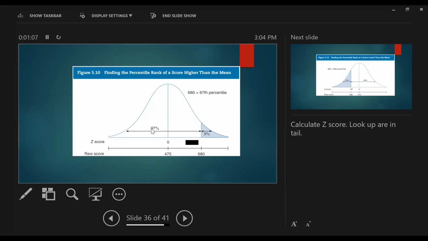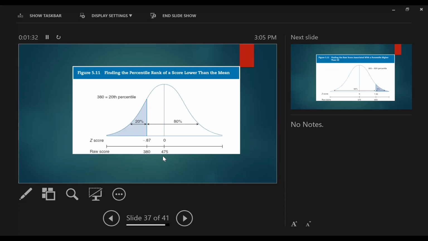Or I could say that the score falls in the top 3% of scores in terms of the critical writing. Okay, so again, it allows us to speak to the data rather than just giving a raw score of 680, or again, my example of a 23-inch length baby. What does that mean? It allows us to provide a context and helps people understand what it is we mean.